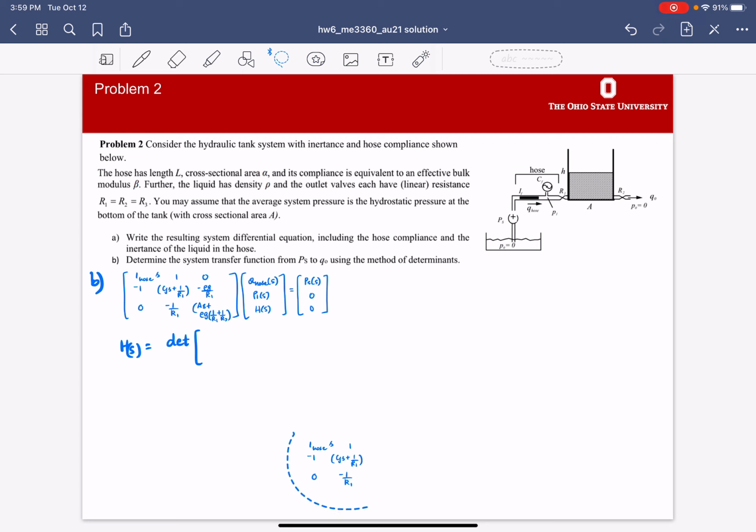Let's shrink this a little bit more. Sorry for that tiny font size, I'm just trying to fit these things in.